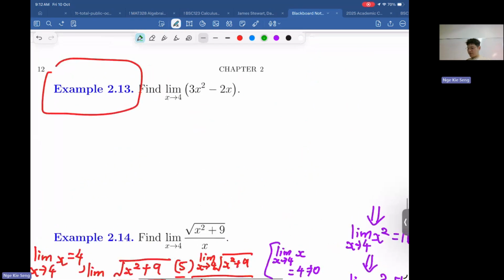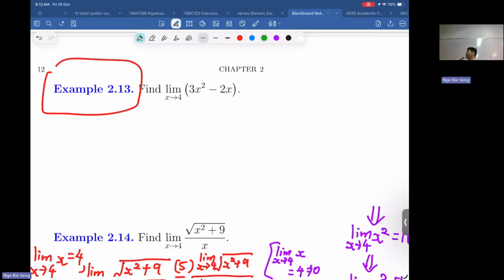So look at this 2.13 here. What's the thing you could do here? They are products, they are differences. So we can use the linearity of limit to split it up. In particular, we know that the limit of the function x exists as x goes to 4, which is the basic linear function.